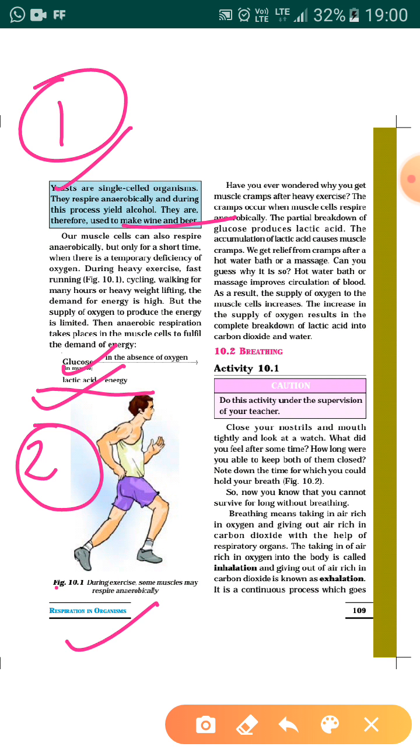But later on you feel pain in your legs or arms because of the production of lactic acid. So there are two examples which we have learnt about anaerobic respiration, that is in case of muscle cell and yeast cell, and one case that generally happens in every cell of our body.